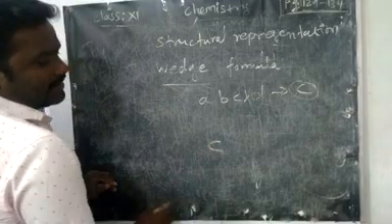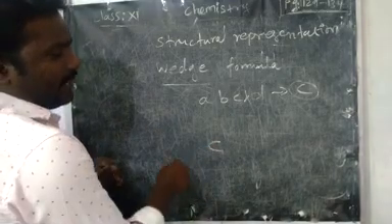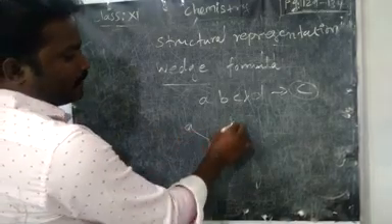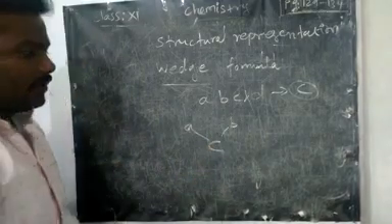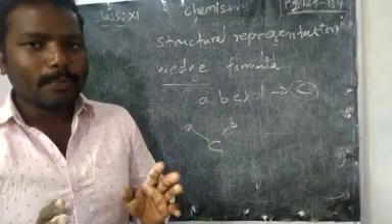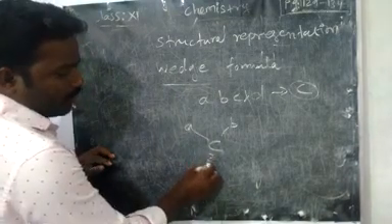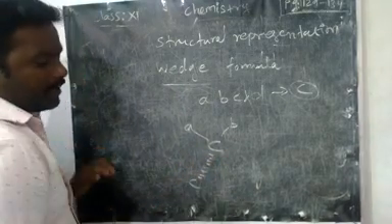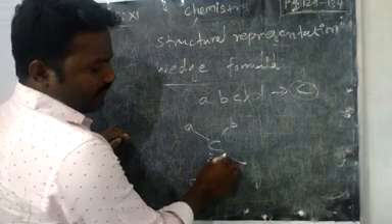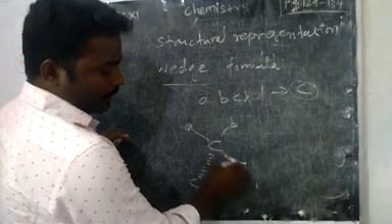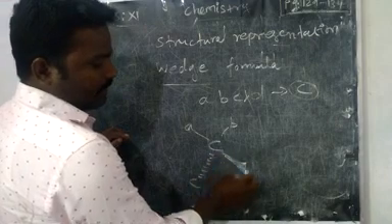That carbon is placed in the middle, then A, B. Here we will represent two atoms with the same type. For the other two, one is with a dotted line, another one with a broad band.